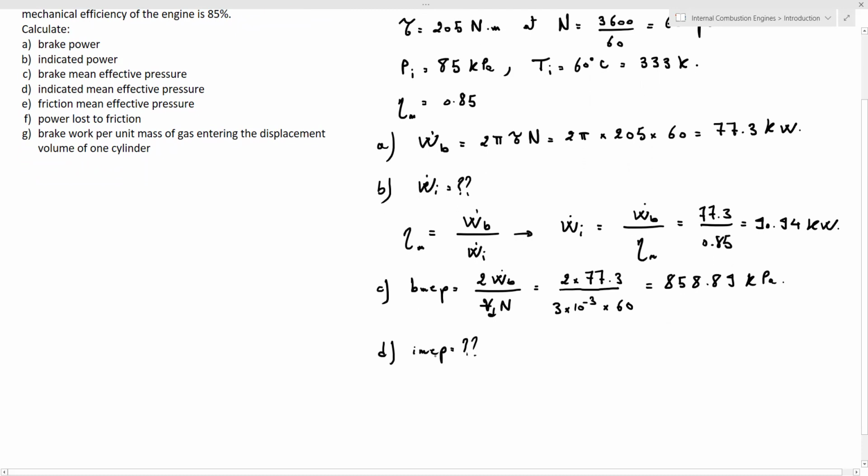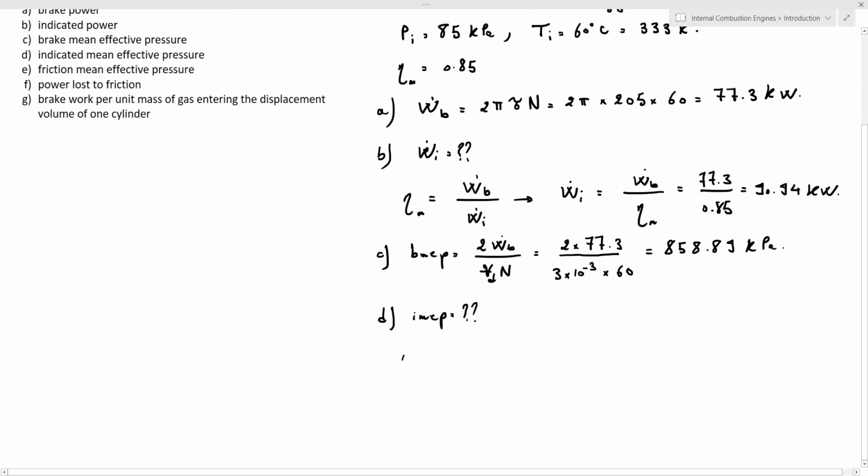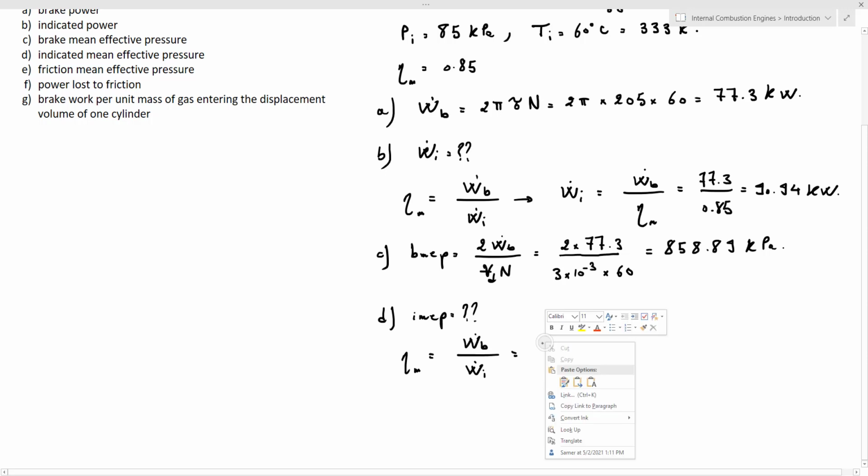we can find the IMEP also by using the mechanical efficiency. So we said that eta mechanical is the brake power divided by the indicated power. So the brake power is proportional to the brake mean effective pressure, and also the indicated power is proportional to the indicated mean effective pressure. So we can say that this equation is also equal to the BMEP divided by the IMEP.